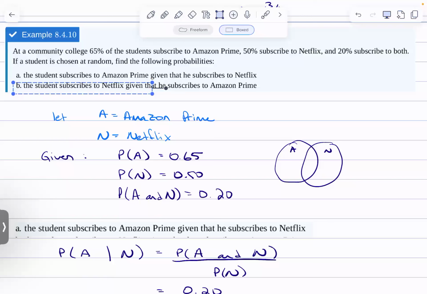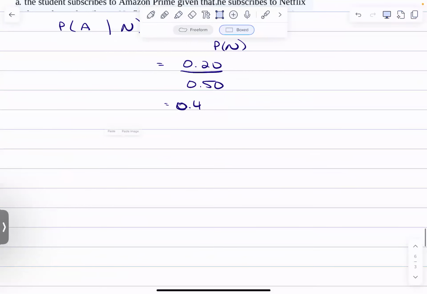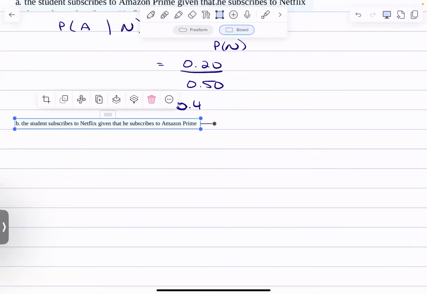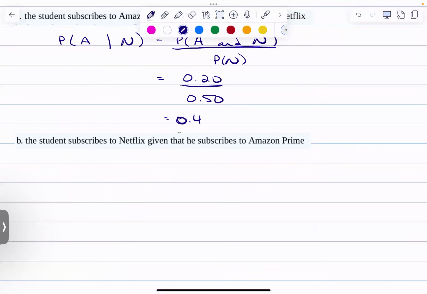How's that going to be different from the next one? Well, let's find out. We want to find here the probability that they subscribe to Netflix given that he subscribes to Amazon Prime.